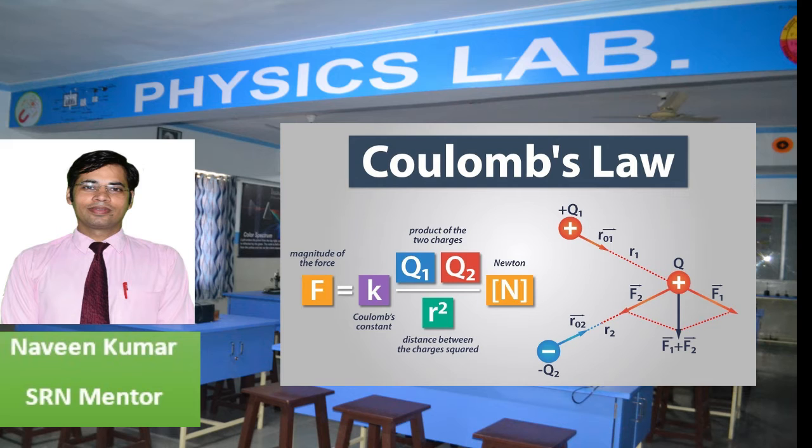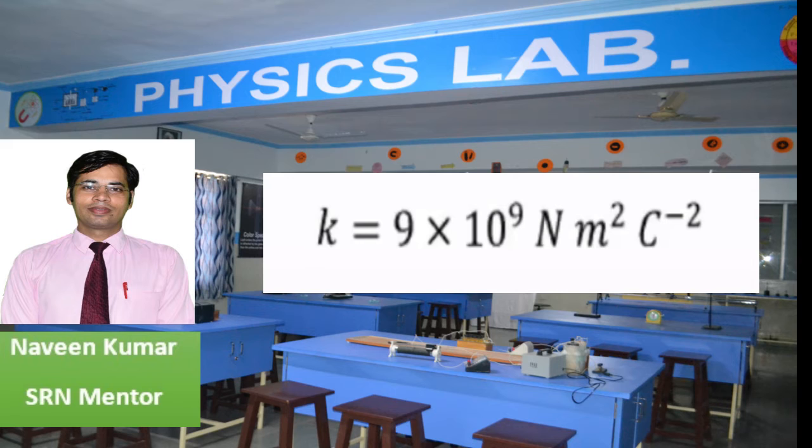Mathematically, F equals K Q1 Q2 divided by r squared, where this K is a proportionality constant whose value in the SI unit system is 8.99 into 10 raised to power 9 Newton meter square per Coulomb square.